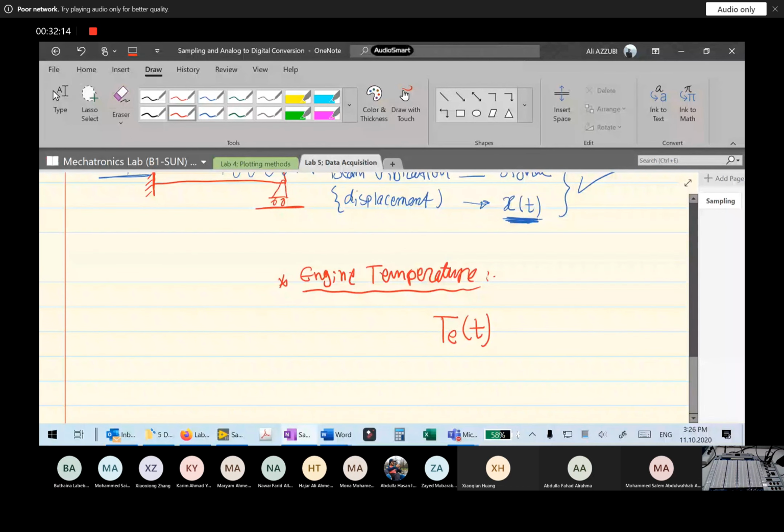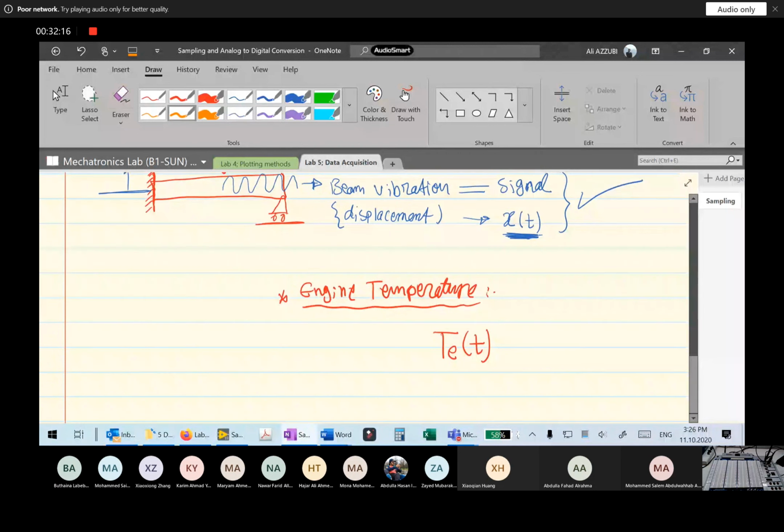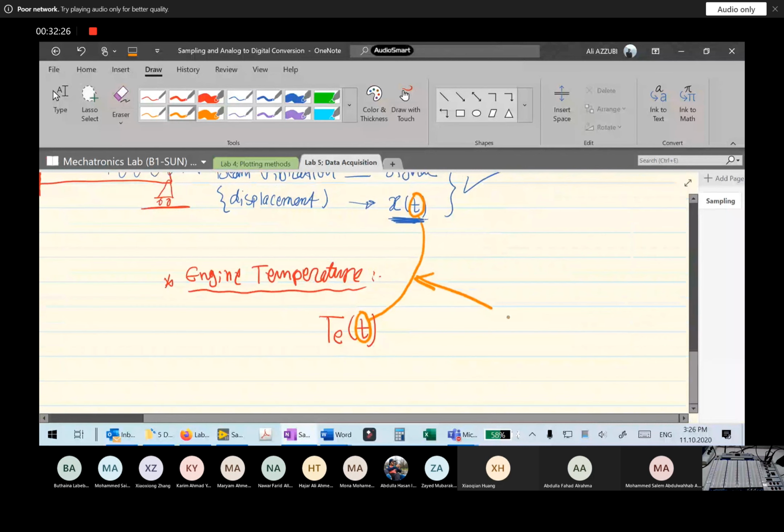So what do I need from this? I need to remember that this T here and this T here mean that I have a dynamic phenomenon.